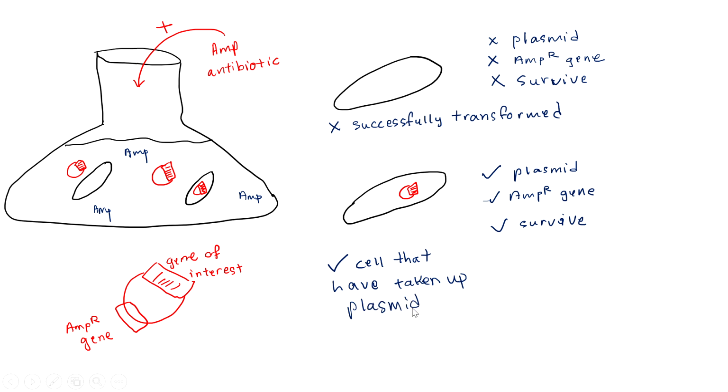And how you can decide whether it is successfully transformed or not is that any bacteria that survive in these solutions are the bacteria that have already been transformed with the plasmid. So they also contain the gene of interest, and these bacteria you can then transfer to another flask and go for mass production. So this is the function of the marker genes.